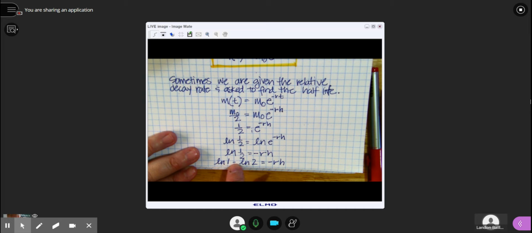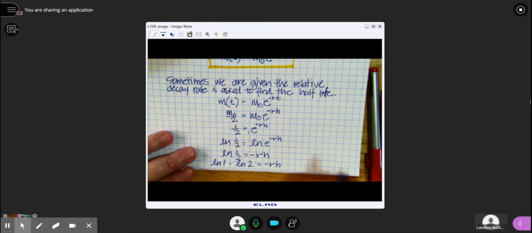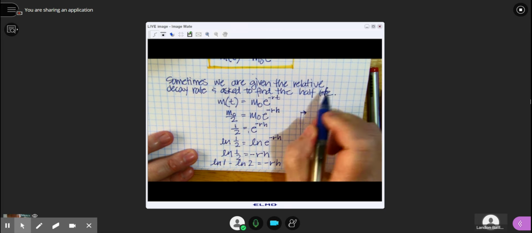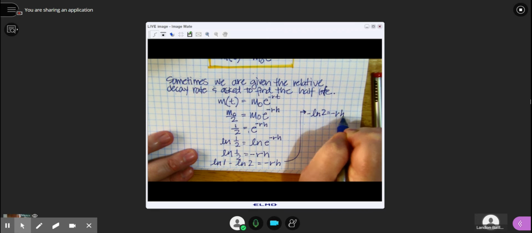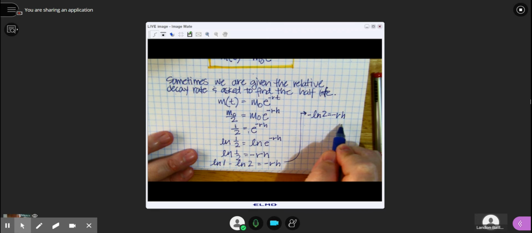Any log of 1 is always 0. It doesn't matter if it's a natural log or not, it's always going to be 0. So what I have here is a negative ln2 is a negative rh, dividing both sides by a negative h.